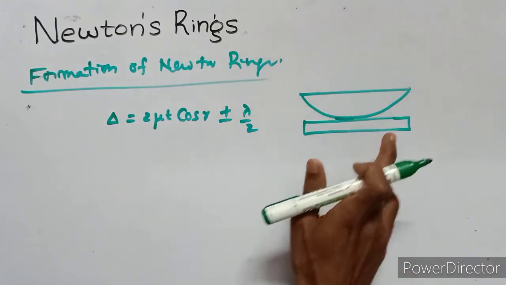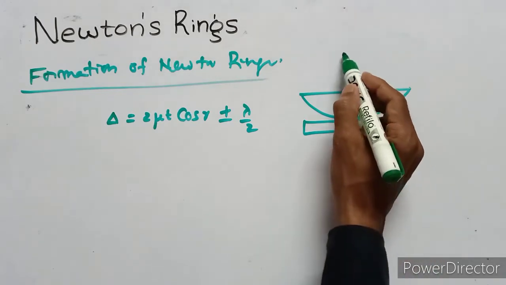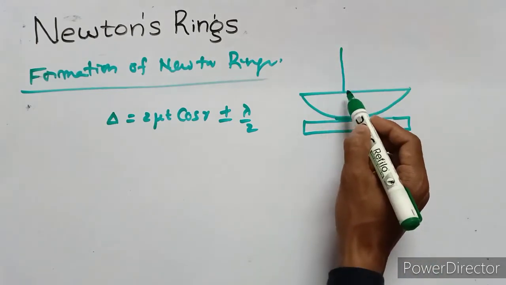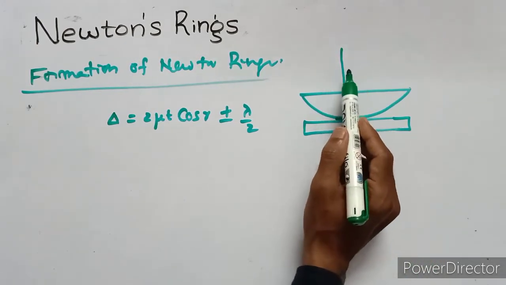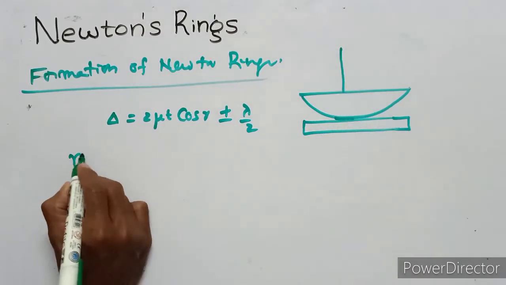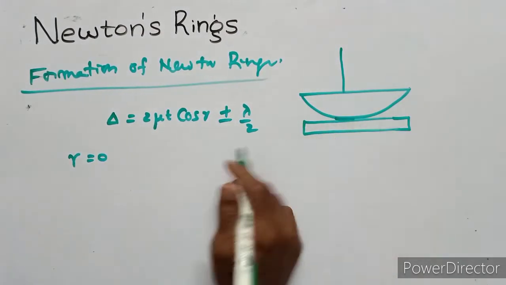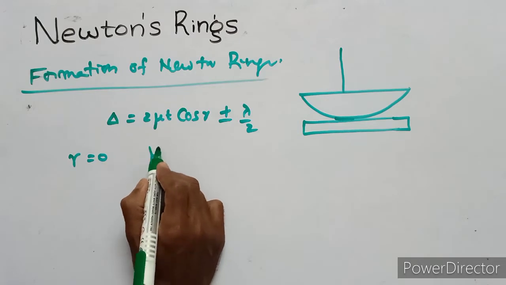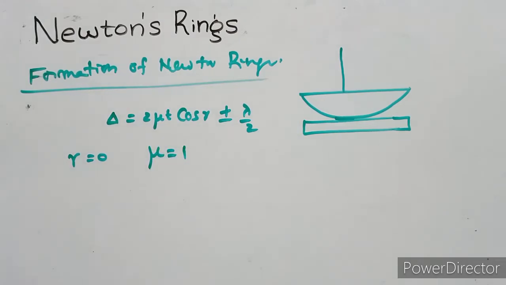For normal incidence r equals 0, and for air film the refractive index mu equals 1.